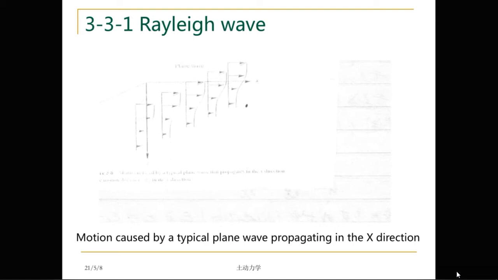Now for Rayleigh waves, we can find the motion caused by a typical plane wave propagating in the x direction. This is the x direction. And we can find the vibration amplitude will decrease with depth.